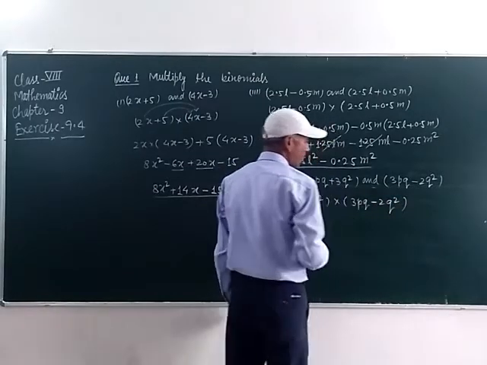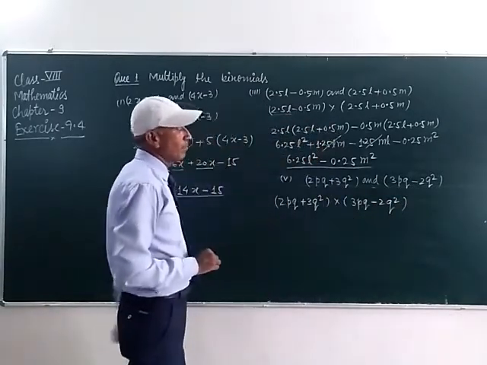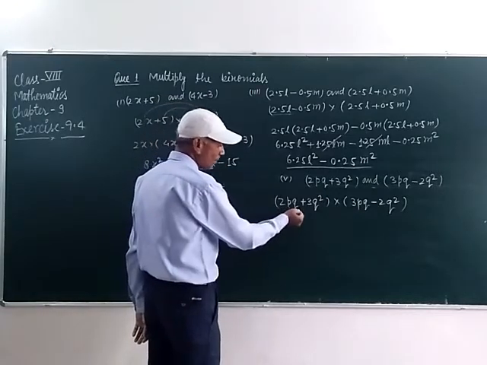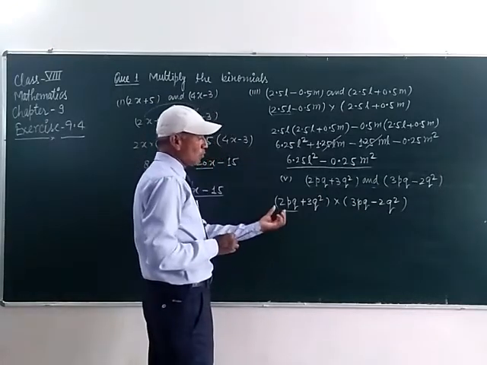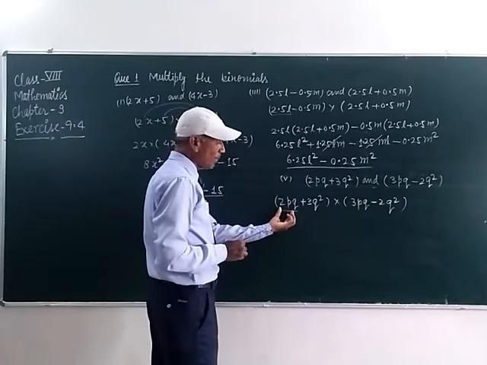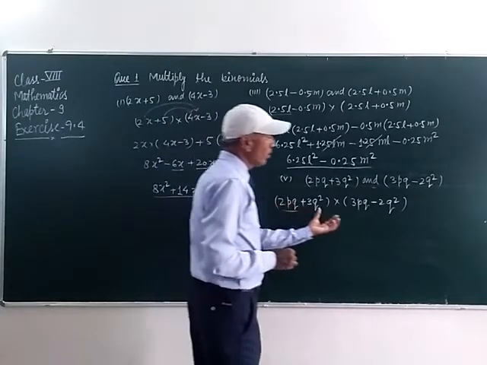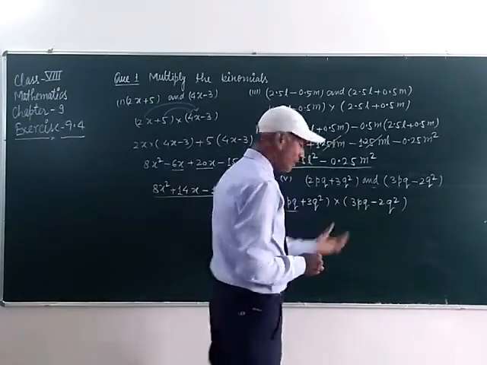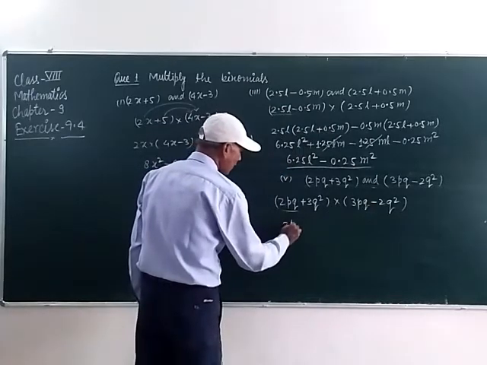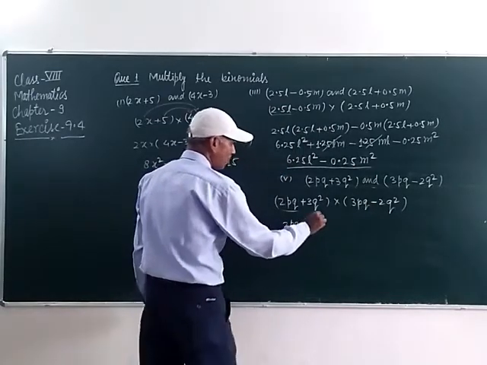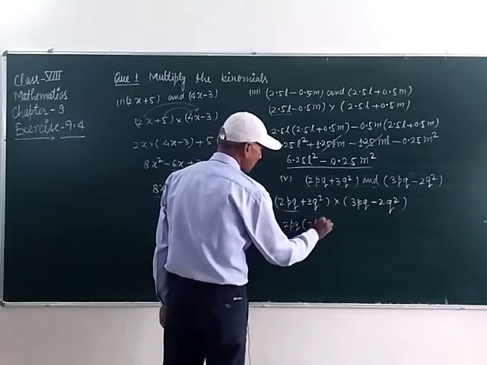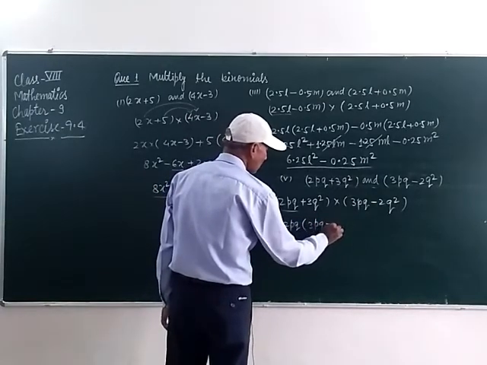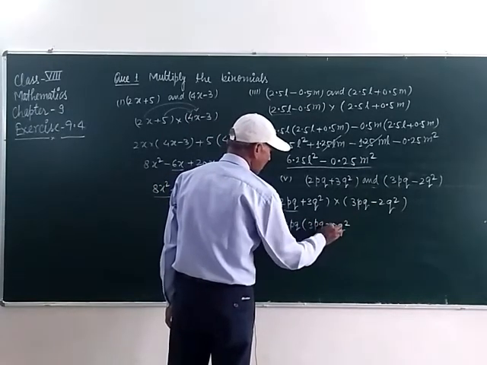2q square. In the next bracket, first of all we have to take this 2pq and multiply this 2pq with the whole bracket, this one 2pq multiplied by 3pq minus 2q square.